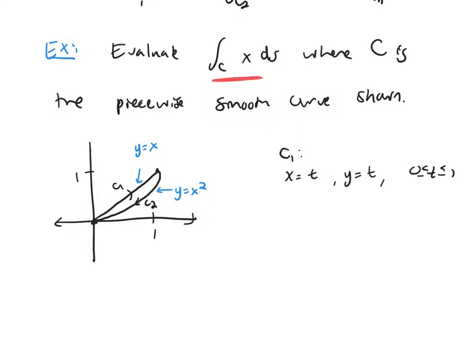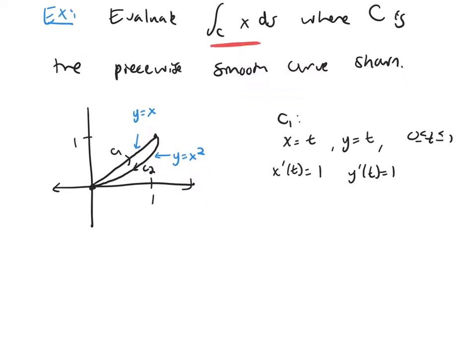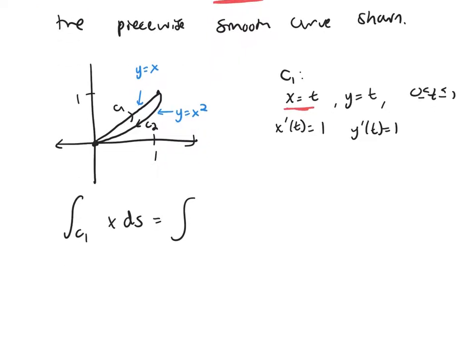Now let's compute the derivatives: x prime is 1, y prime is also 1. So now we can compute our line integral over C1. Well, x gets replaced by t, so this becomes t. And then we're going to look at the square root of x prime squared, so 1 squared, plus y prime squared, 1 squared.